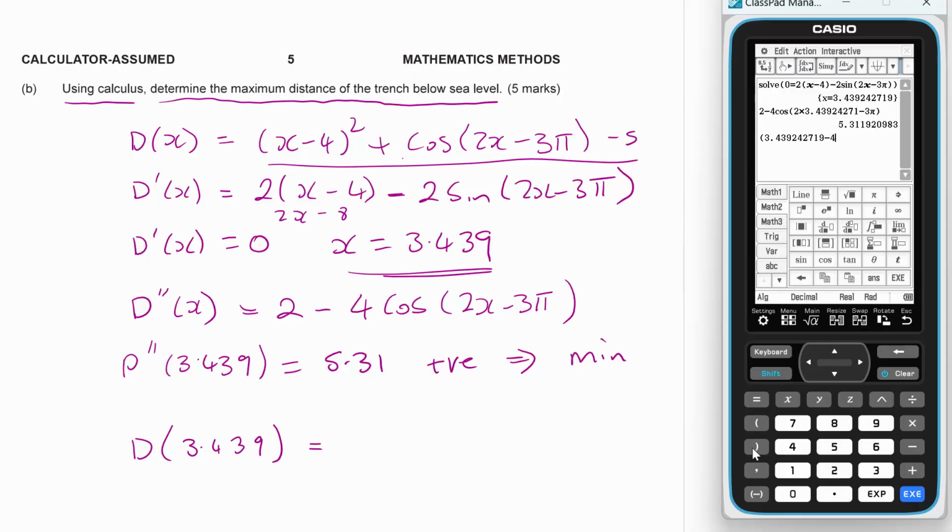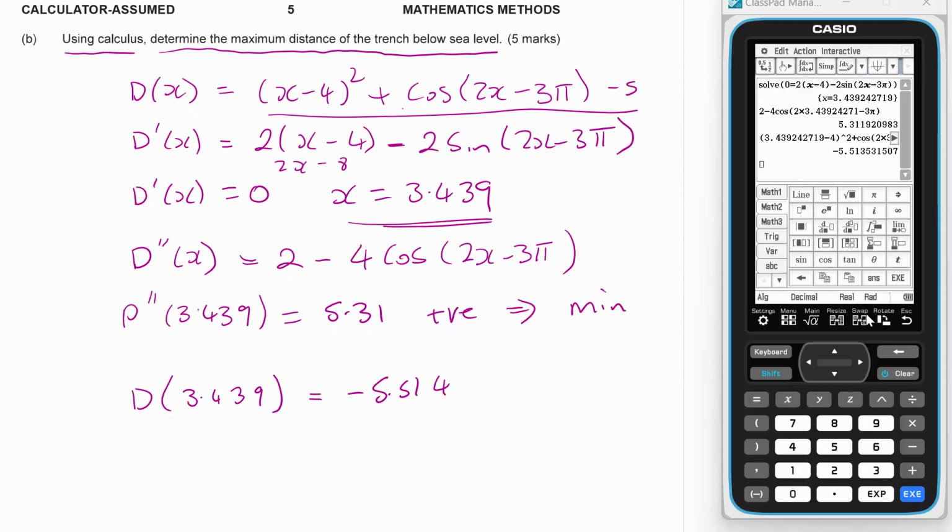So that one, take away 4, squared, and then we've got plus the cosine of 2 times this value again, take away 3 pi, and then we'll take away 5, and that gives us negative 5.514. So we'll say that that is 5.514 kilometres below sea level.